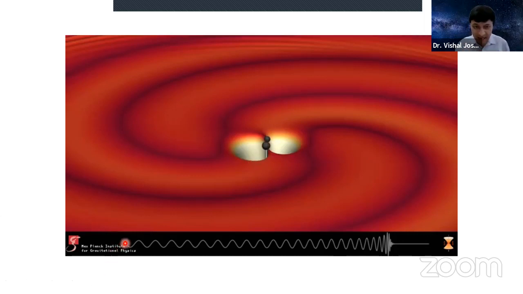You can see here, earlier, they were emitting gravitational waves at lower frequency, higher wavelength, but as the stars come closer and closer, their orbital period reduces, they move faster and faster, and eventually the frequency of gravitational waves also keeps increasing. At this point, suddenly these two black holes collide with each other, and this collision produces intense gravitational waves, and that's all. They form a single black hole.